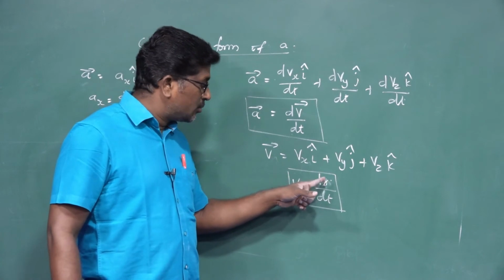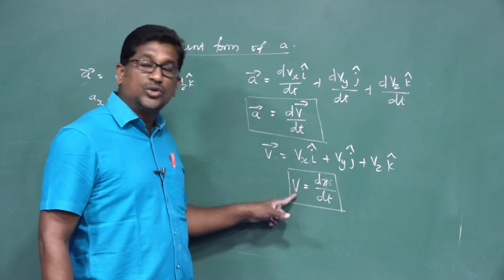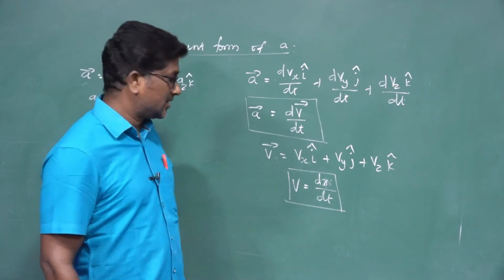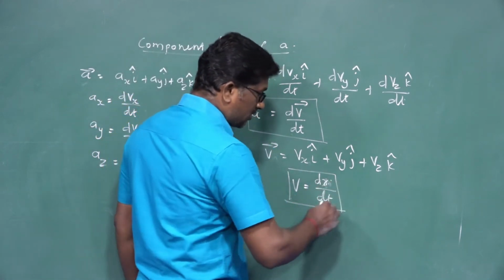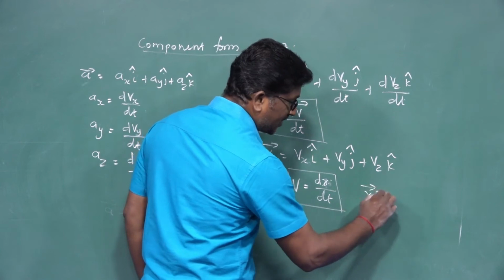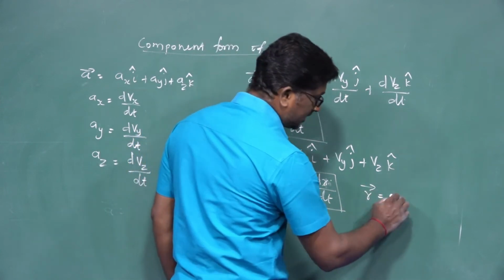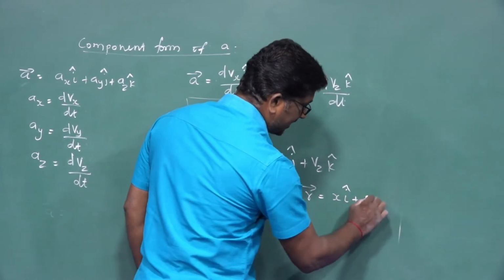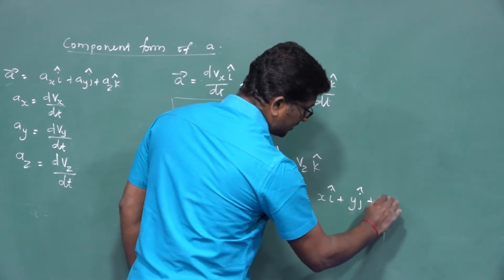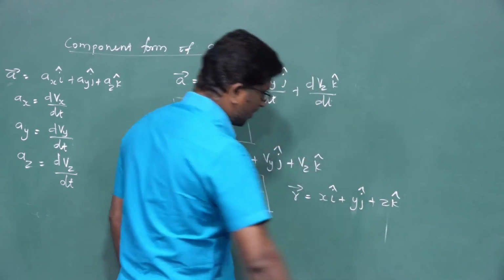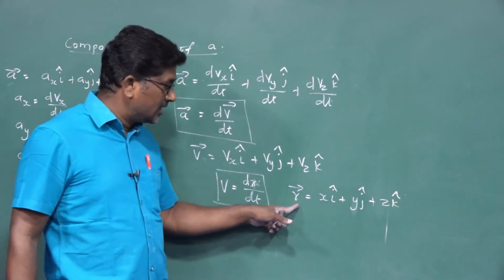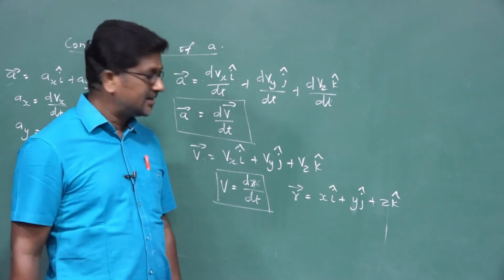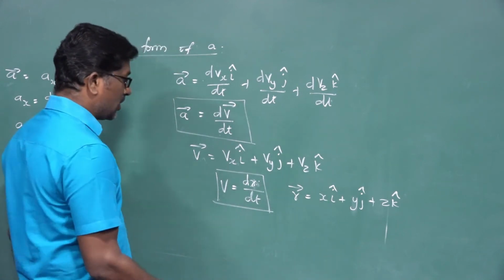So the change in position vector with respect to time gives velocity, right? The position vector is also a vector quantity, its component form is r vector is equal to x i cap plus y j cap plus z k cap.